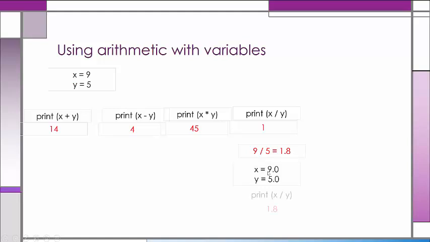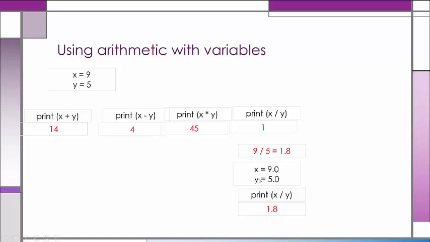If you really need to preserve that decimal in whatever calculations you're making, then we need to make sure that we set up our variables so that they are decimals. In other words, if we had assigned 9.0 into x and 5.0 into y, well, now those are floating points. And as a result, the computer says, oh, these are floating points.